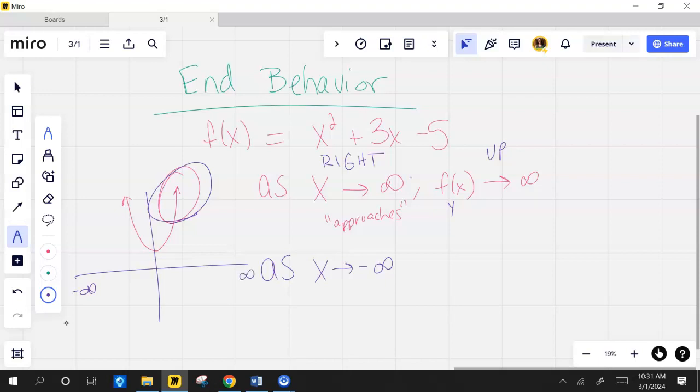So as I look to the left, what is the graph doing? Going which way? The y, yeah. So it's going up. So this says the left side goes up. The left side goes up.